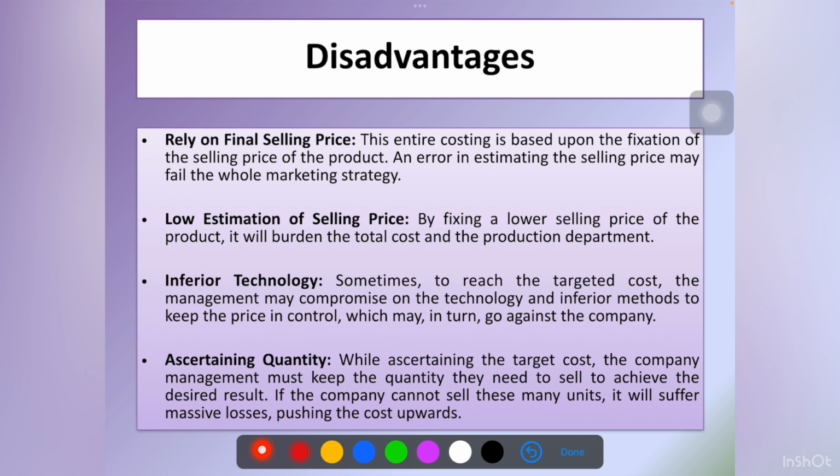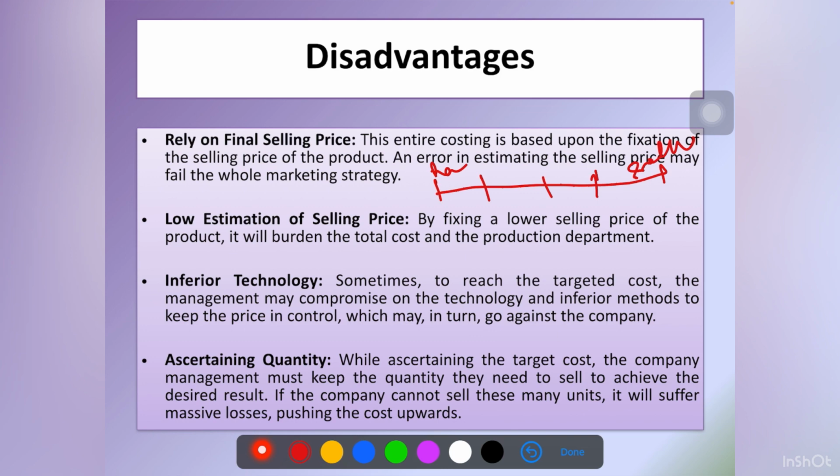Okay, the last topic is the disadvantages. First is the reliance on the final selling price. So you know that there are a number of stages, right? From purchasing of raw material till selling of the product, there are a number of stages. If at any stage there is any difficulty or any wrong estimation of the selling price, the entire process is a wastage, right?